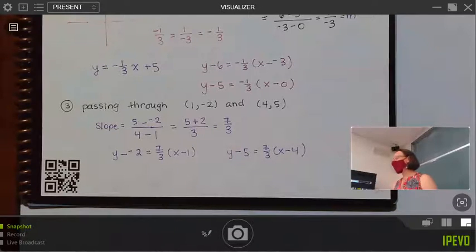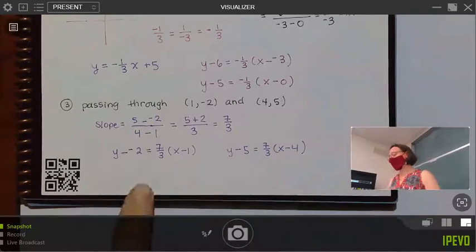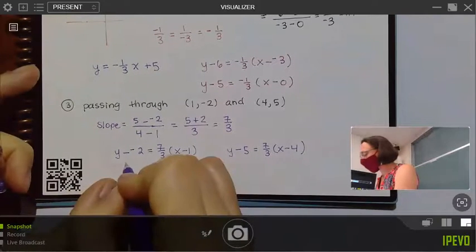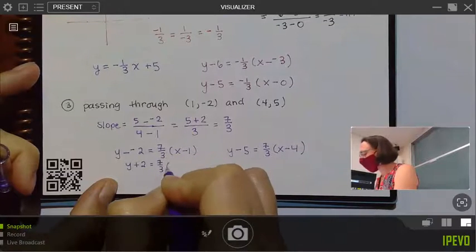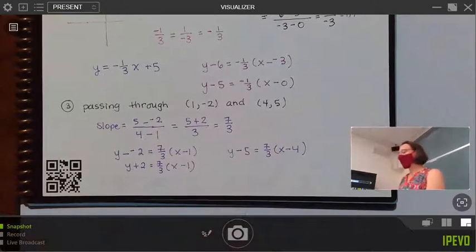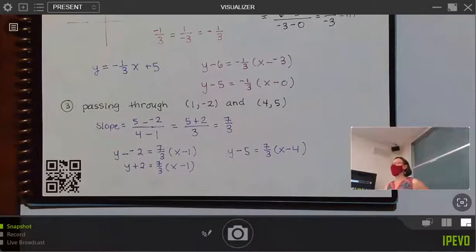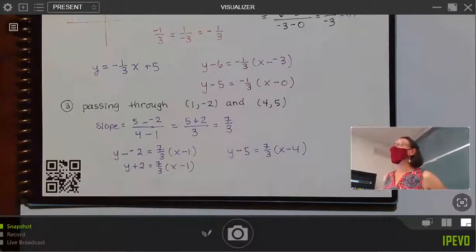Fractions are gross. Let's not. If I were going to do anything at all with that first one, I would probably choose to write that as y plus 2. There is honestly no good reason for that other than handwriting. If I were typing this on a computer, I wouldn't worry about it.